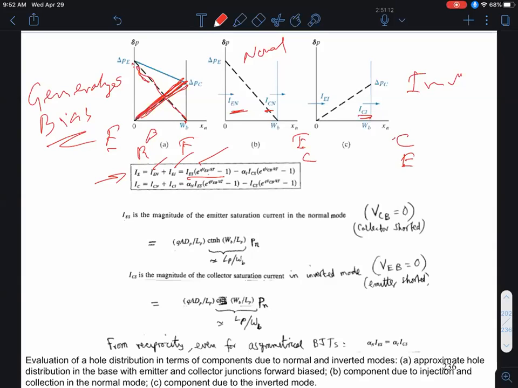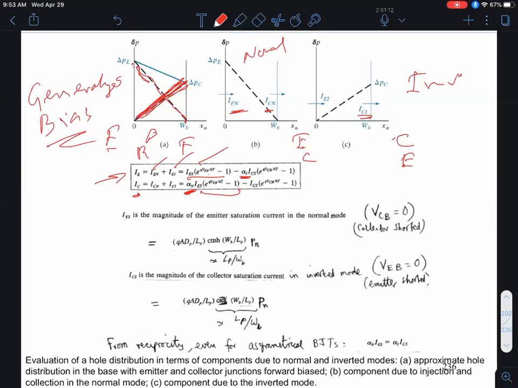But then, in the inverted mode, you get an inverted mode alpha, while this is the normal mode alpha that I've been talking about. So my collector current was my common base current gain alpha times the emitter current.